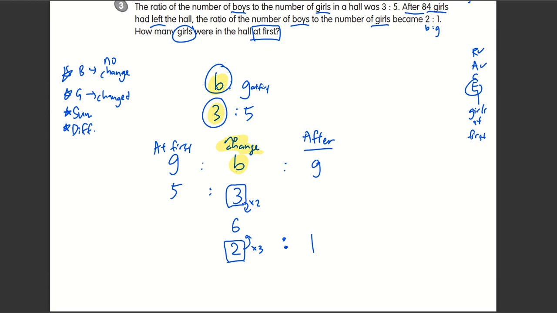And then I can see the equivalent fractions because the boys didn't change. Remember, boys didn't change. So by right, it should be the same number. So I'm going to turn them into equivalent fractions. 5 is to 3 is now 10 is to 6. And then 2 is to 1 becomes 6 is to 3.